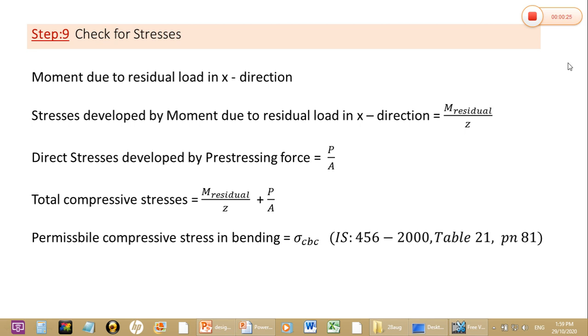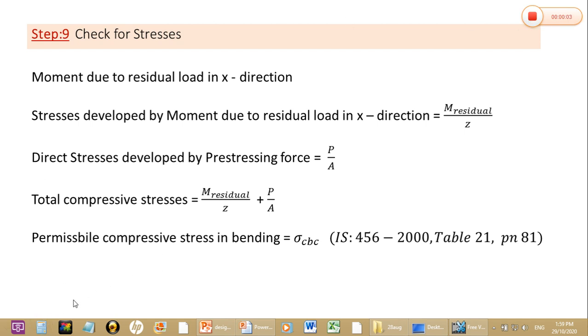So first of all we are going to calculate the moment due to the residual load in x direction. Already we have that moment value. By using that moment, we are going to calculate the stresses developed in x direction by the formula M by Z. This M by Z formula is derived from the basic bending theory which we studied.